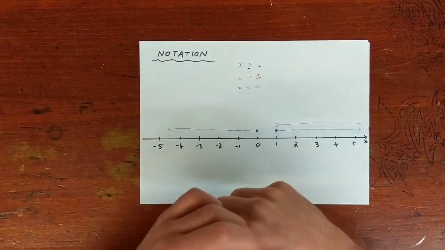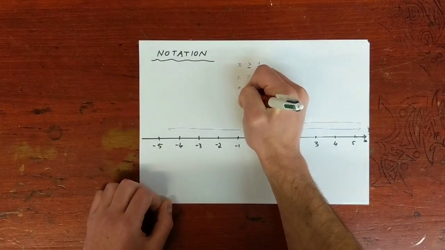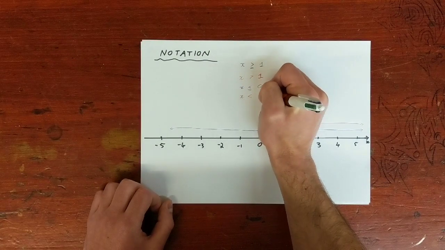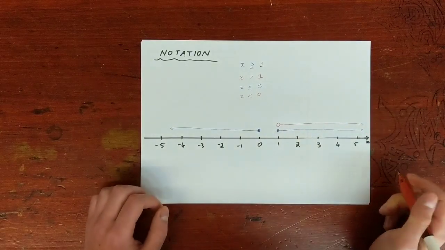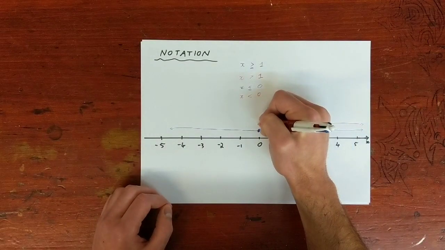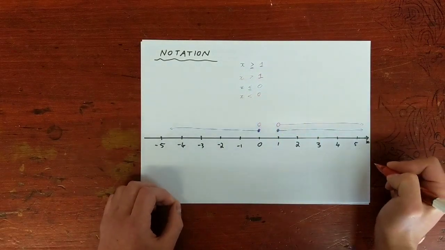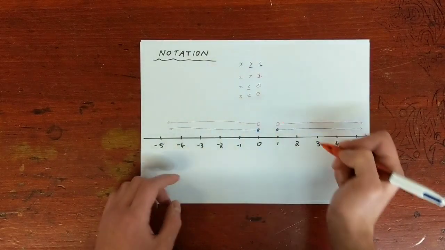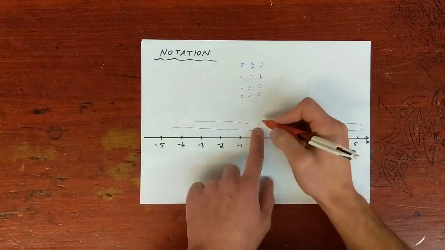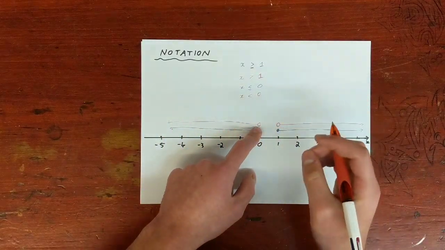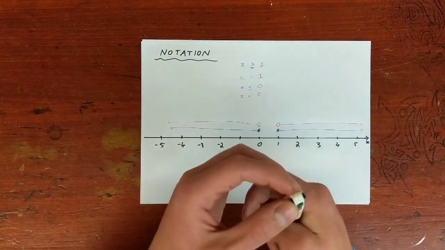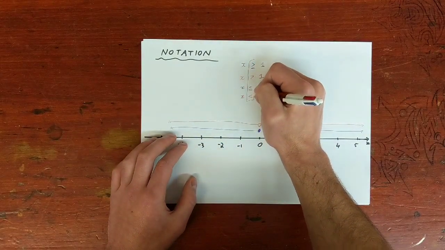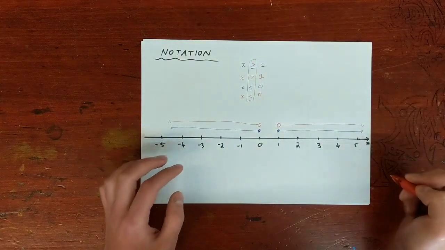And of course, I could also have x is just less than 0, but not equal to it. I would represent that the same as before, with an open circle and my arrow going off. So x could be less than 0, but the open circle means it couldn't be exactly equal to 0. These are the four symbols that you need to be familiar with for this topic.